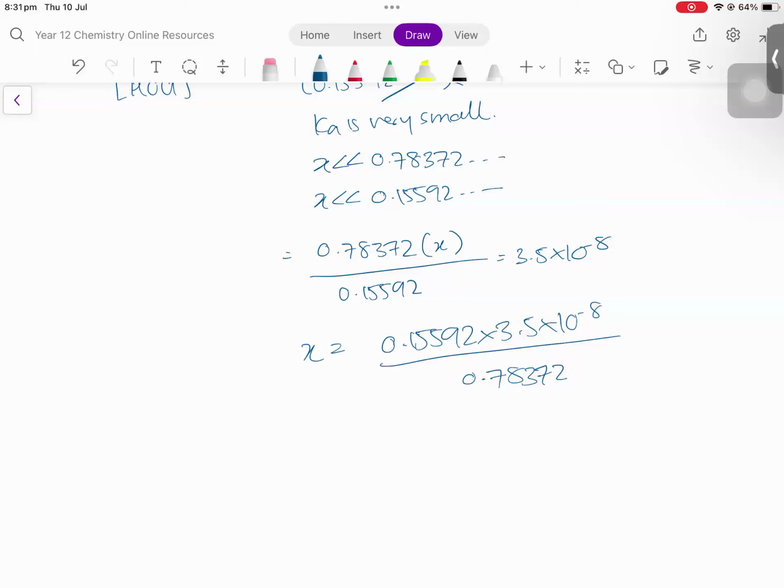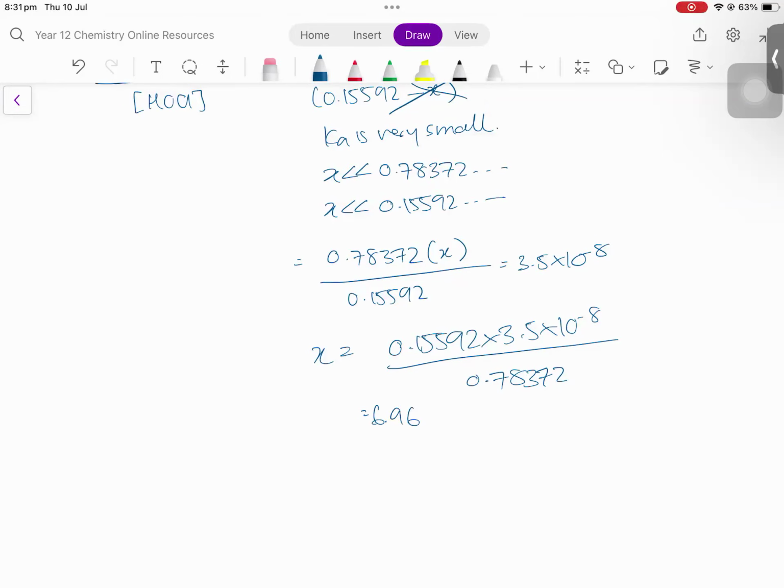Yeah, check that you've got the 0.155 and the 0.78. What do you get for x? 6.96 times 10 to the minus 9 molar.